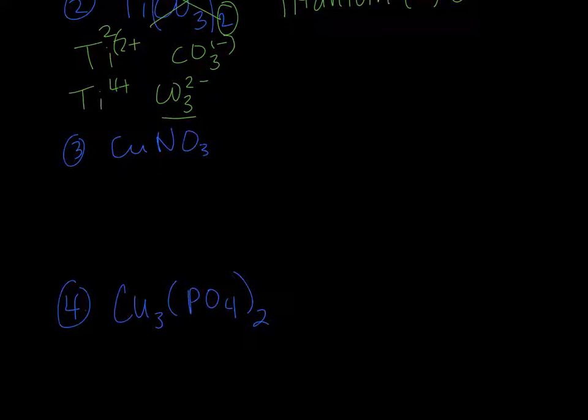All right, so this one's a little tricky, okay? Most students are going to want to bring this 3 up here, and that is not correct. Now, if you're taking notes, do not write this down. This is incorrect.